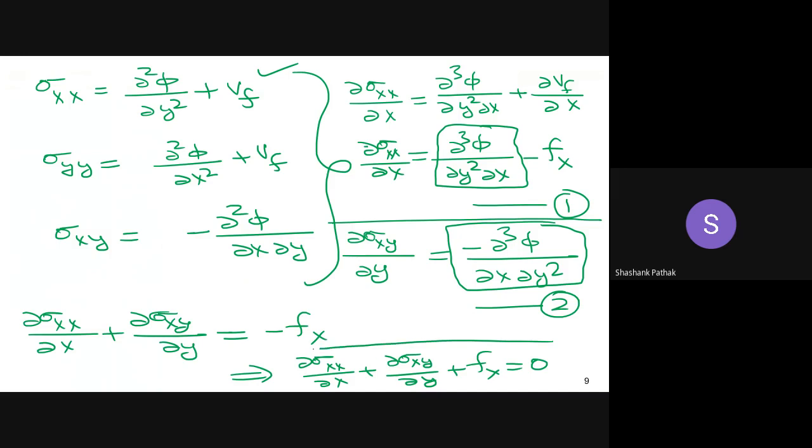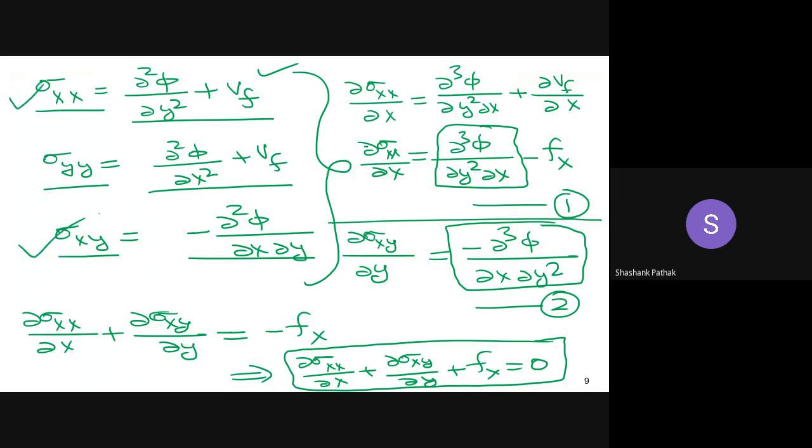So this is your first equation of equilibrium, which is easily satisfied if you put sigma xx like this, sigma yy like this, sigma xy like this. Till now you have used only these two. This will be used when you write the second equation of equilibrium.